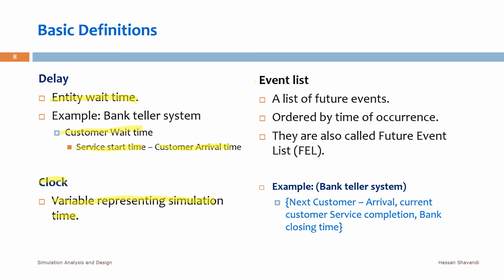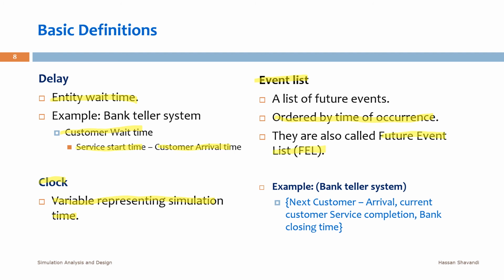And the event list. In our simulation model we will have a list representing the future events. We usually order them by the time of occurrence, so they are usually called the future event list or FEL.